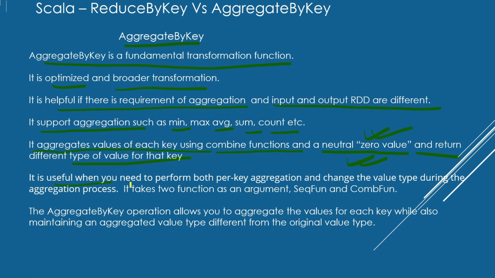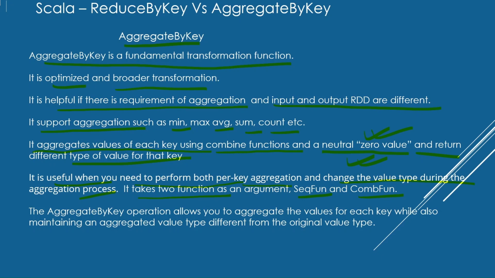It is useful when you need to perform both per key aggregation and change the value type during the aggregation process. It takes two functions, sequence operation and combine operation. As I mentioned, if there is a requirement that the type of input which we are going to use for aggregate by key, and do a certain kind of aggregation on that input type, and you want a different output, then with the help of aggregate by key you can achieve it.